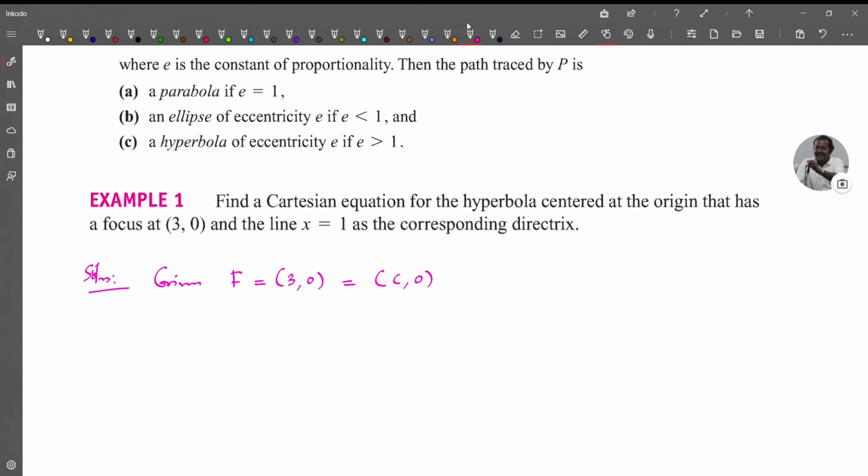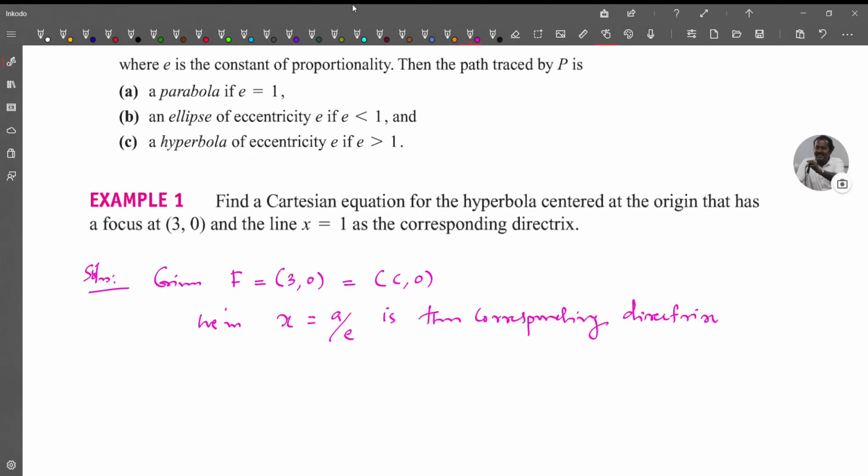Since the center is at origin and focus is (3, 0), the axis of the hyperbola will be the x-axis. So we have x equal to a by e as the corresponding directrix.